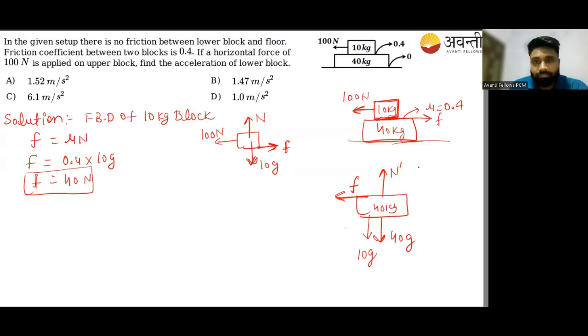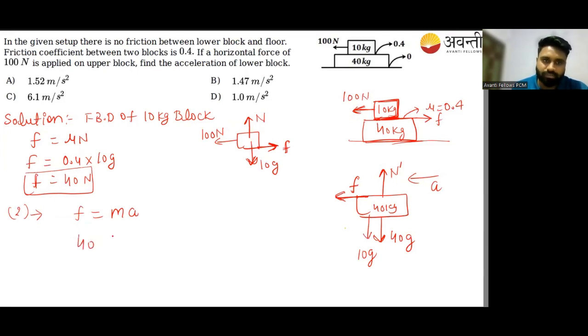Now, if this block has an acceleration in this direction, what should it be? For the second block, F equals ma according to Newton's second law. F is mu N, and we have already calculated the value of friction.